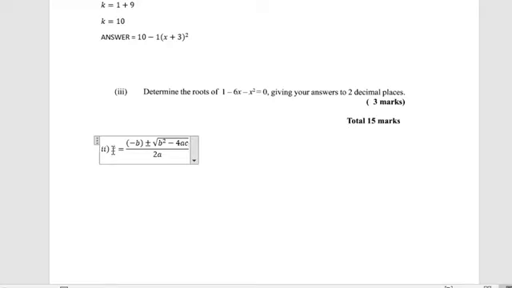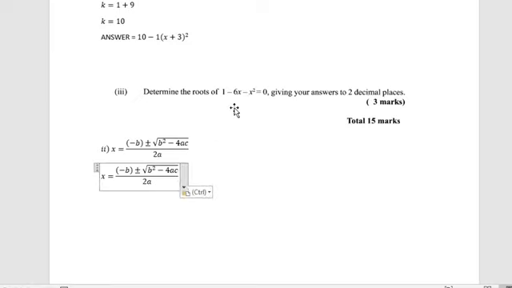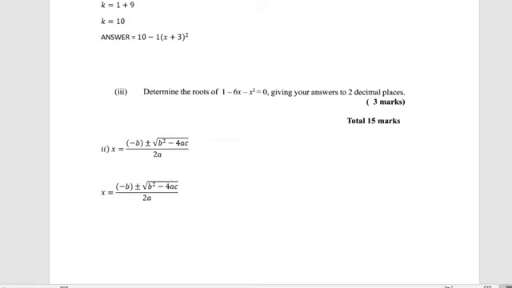So now it is this that we're going to basically populate from that up above. So what we know is that from the equation that is given of 1 minus 6x minus x squared being equal to 0, when we rewrite that, what we get is minus x squared minus 6x plus 1.